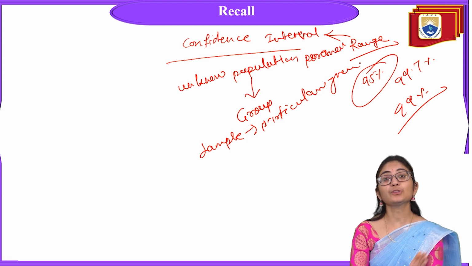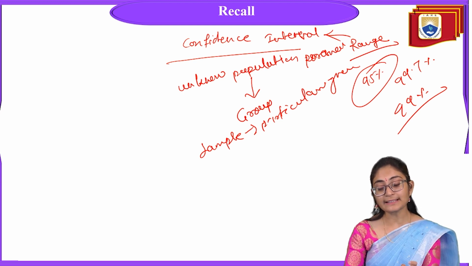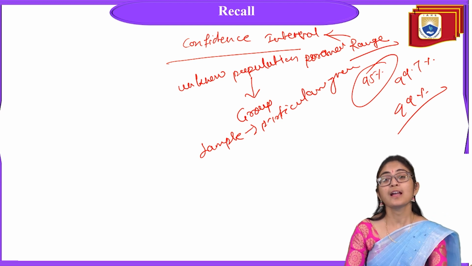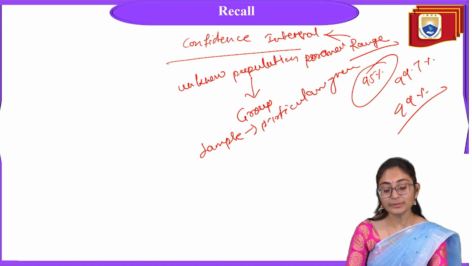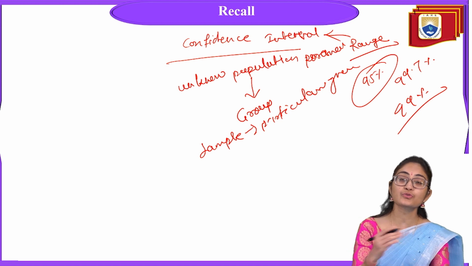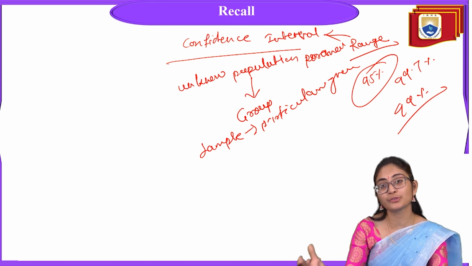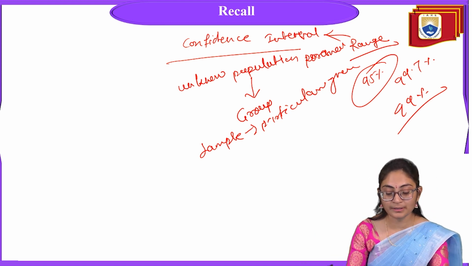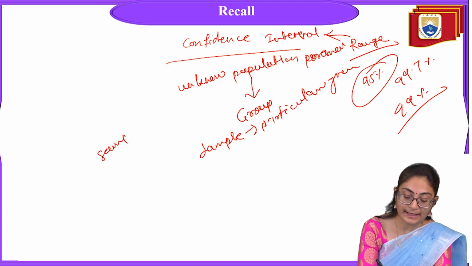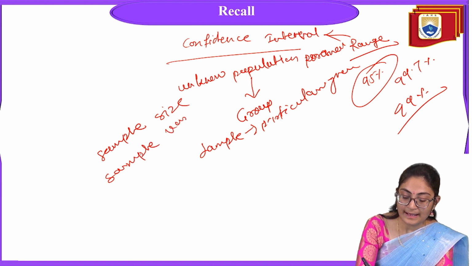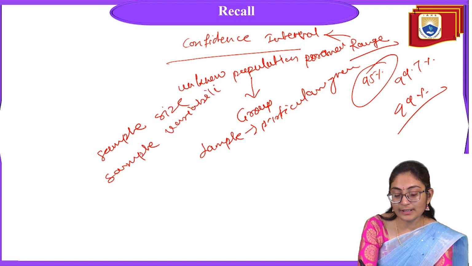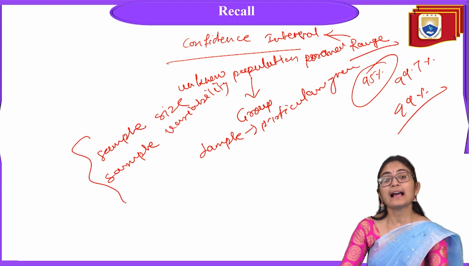Whenever you want to find the confidence interval, it shows a range on the basis of the unknown population parameter, and it is affected by the sample size and the sample variability.